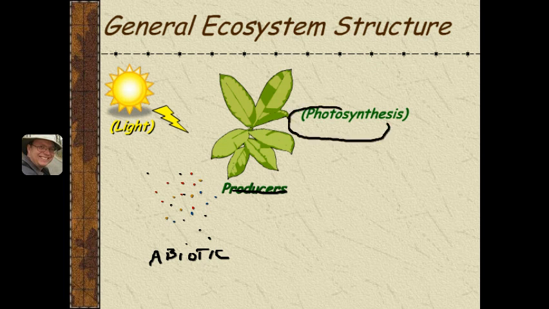Remember what that word means. Photo means light, okay, here's our light over here, and synthesis means putting together. What are they putting together? They are putting together these abiotic materials, these various gases and nutrients, and they are moving them from the abiotic part of the system up here to the biotic part of the system.